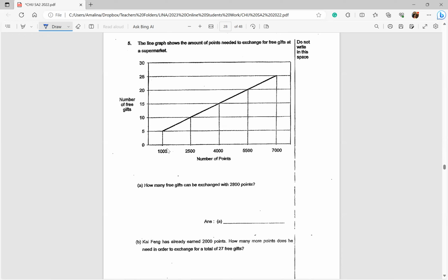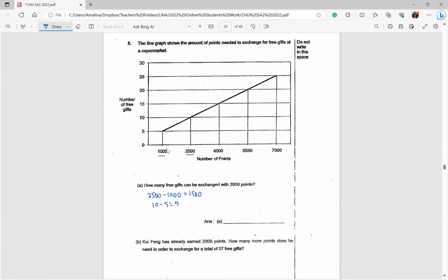From 1,000 points to 2,500 points, I take 2,500 minus 1,000 and get 1,500. This is the increase in the points. There's also an increase in the number of free gifts: from 5 free gifts to 10 means an increase of 5 free gifts.